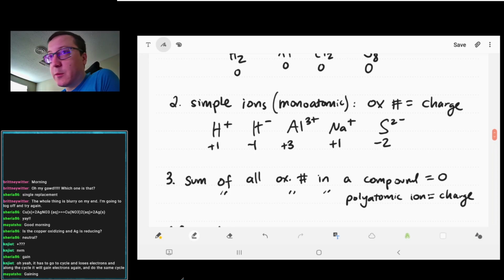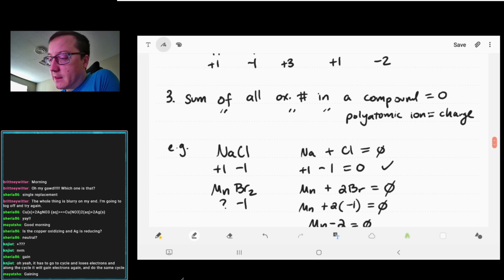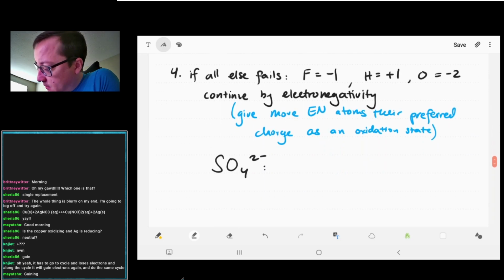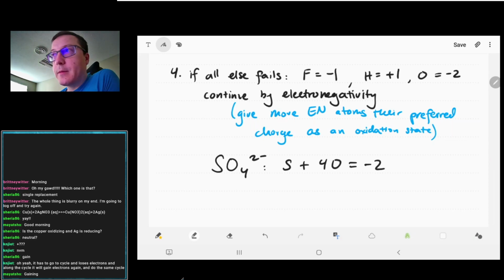In sulfate, we do not have any simple ions. That is a polyatomic ion, so not applicable. Rule 3 is going to tell us that the sum of all the oxidation numbers in our polyatomic ion equals its charge. So we know that sulfur plus 4 oxygens will equal -2. That's what our third rule is telling us there.